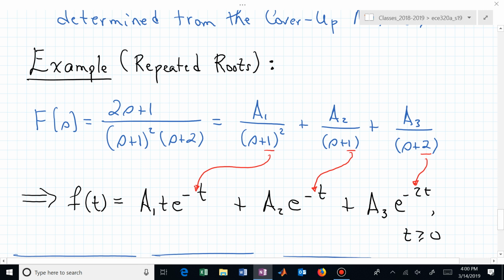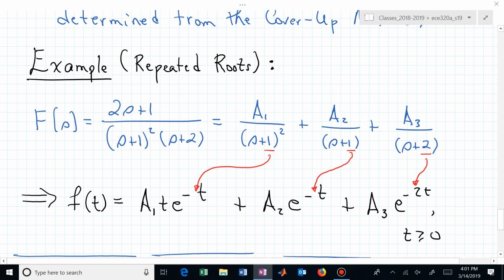But since it's repeated, we need the additional term to be independent of this a sub 2 e to the minus t. To get it independent, we need to start multiplying it by polynomials of t, or powers of t. And the first power is t. If it was repeated 3 times, we would have a t squared. If it was repeated a 4th time, we would have a t cubed that weights e to the minus t. It's always going to weight e to the minus t if our pole is at minus 1.